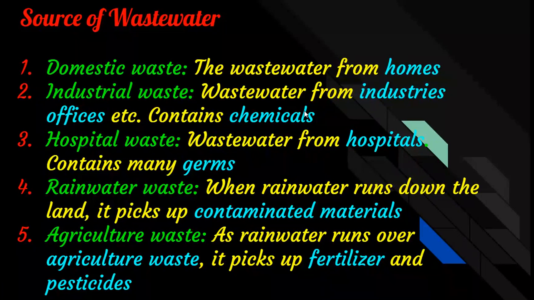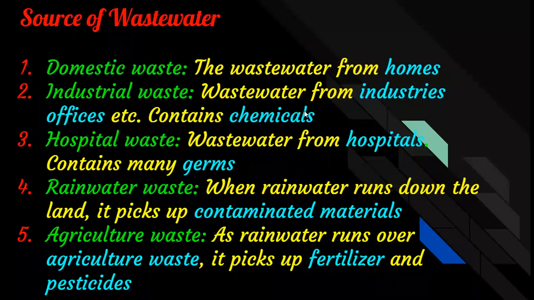And rainwater. You may have thought that rainwater is one of the sources of water, but I am telling you it is wastewater. Yes, it is of course wastewater, because as rainwater runs over the surface of roofs and ground, it may pick up various contaminants including solid particles, heavy metals, organic compounds, animal waste, oil, etc. Agricultural waste.